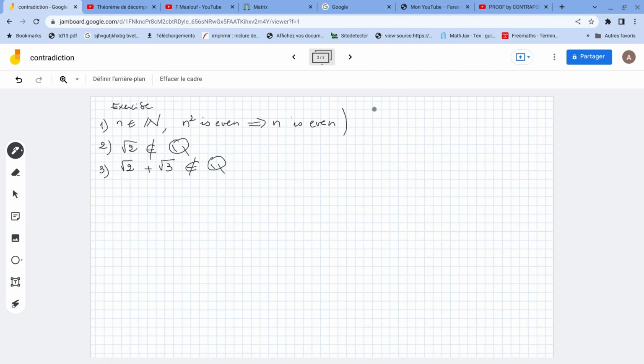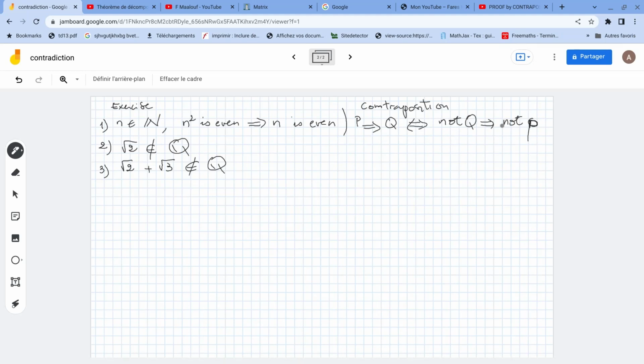For the first statement, I use contraposition. Which means the given proposition P implies Q is equivalent to the contraposition of this implication, which is not Q implies not P. I reverse the order of P and Q and do the negation.